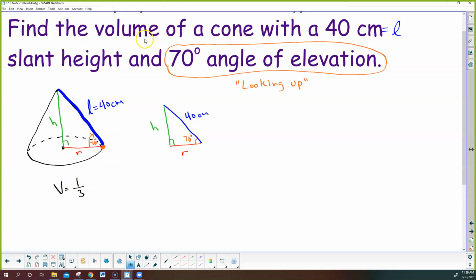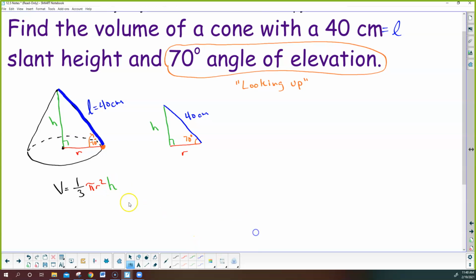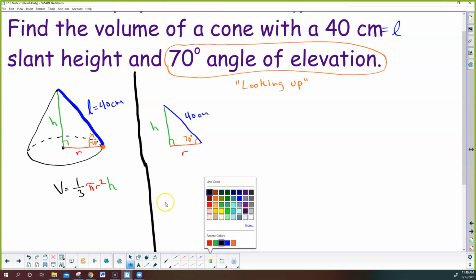So my goal is to find the volume of the cone, which we know is 1/3 the area of the base times the height. But I don't know the radius and I don't know the height. But I know enough information that I can now find the height and find the radius. I'll give you a second to get caught up. I'm not sure if I went too fast on that.